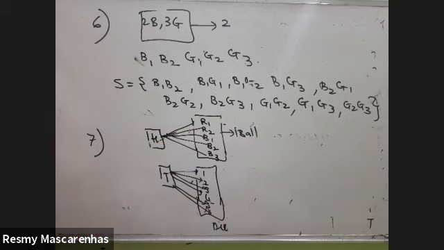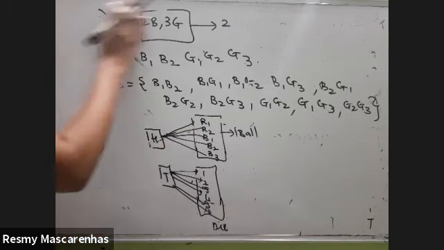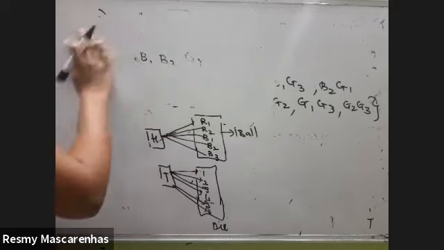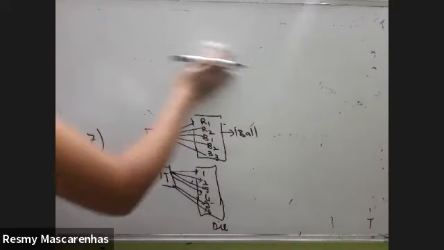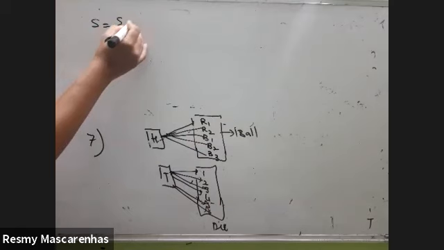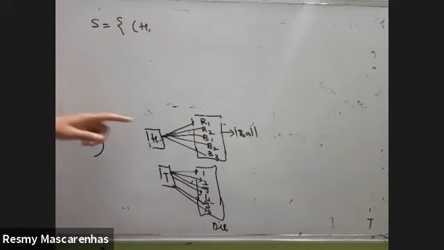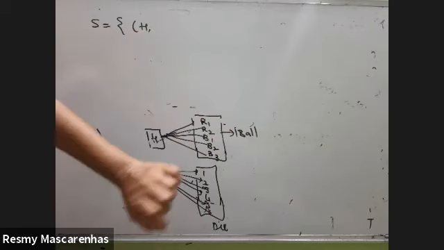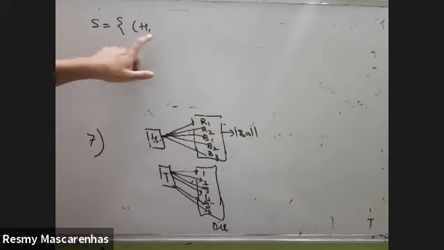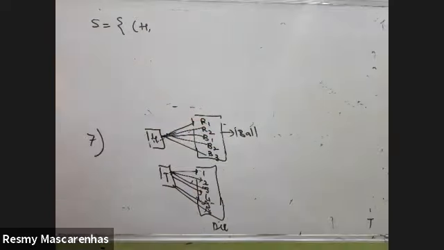Your sample space could be, suppose the first one is head. If you got a head, then you are picking a ball. So what all could be there? If you got a head, the first option could be H, R1.